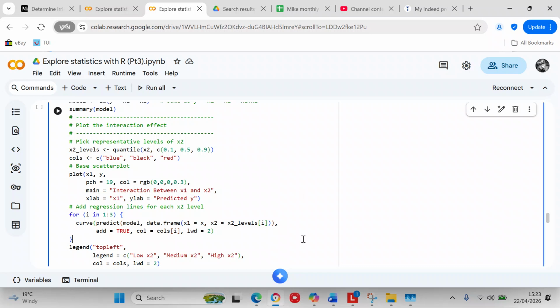We're going to put a legend in there. So legend brackets, top left, comma, legend equals c, which is another vector, low x2, median x2, high x2. Color equals colors, cols, and your cols equals blue, black, or red, and your line width is 2.